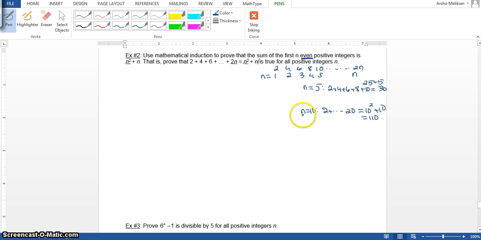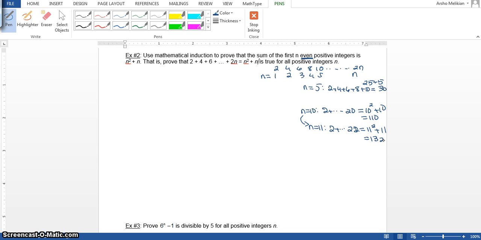Now if I wanted to do the next one, I'm going to add all the numbers to 22. Okay? What does the formula say it's going to equal? 11 squared plus 11. So 132.